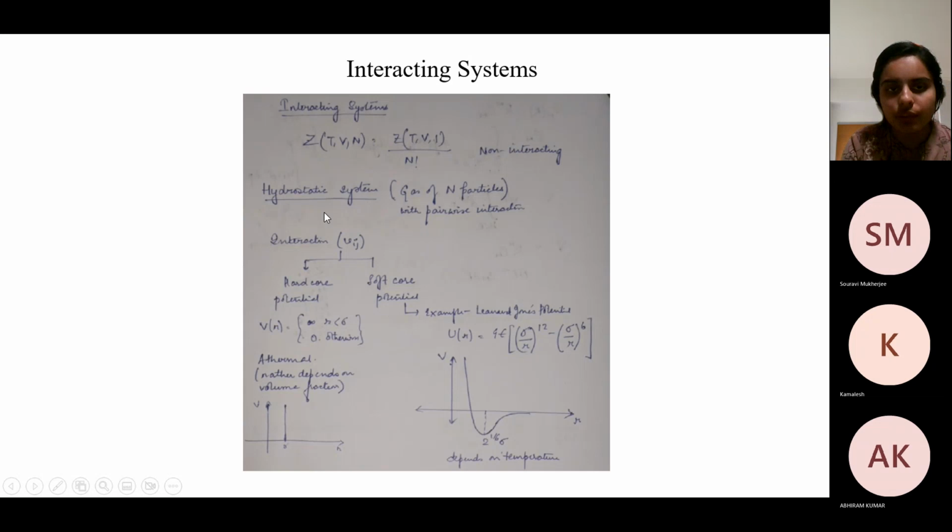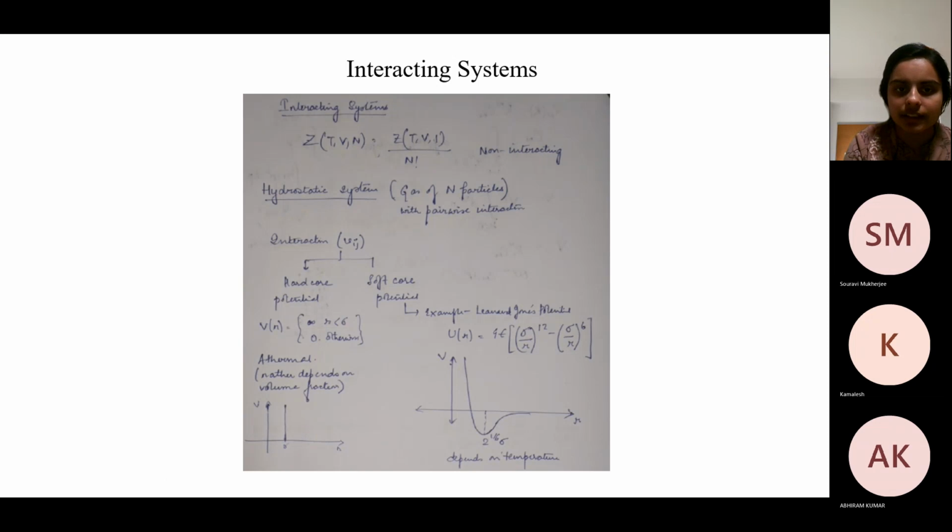But what happens if we have an interacting system? There can be different kinds of interactions, but what we will discuss is mainly pairwise interactions. The pairwise interactions can be a hardcore potential, where one cannot penetrate into the particle.